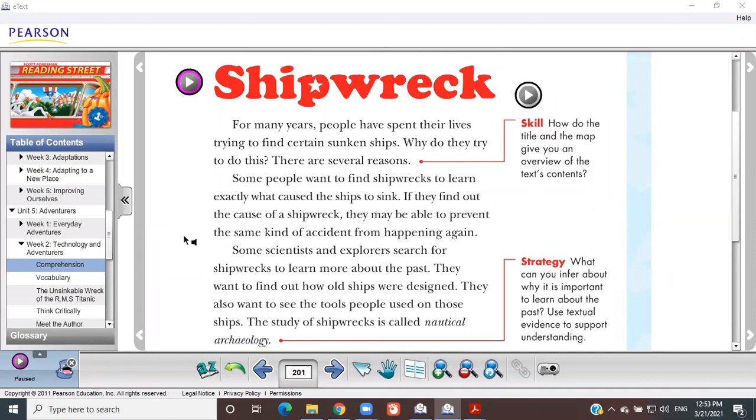Now you're just reading. Some scientists search for them to learn more about the past. Very good, very, very good. So to learn more about the past and to find out how they were designed and to see what tools people used, right? Right.